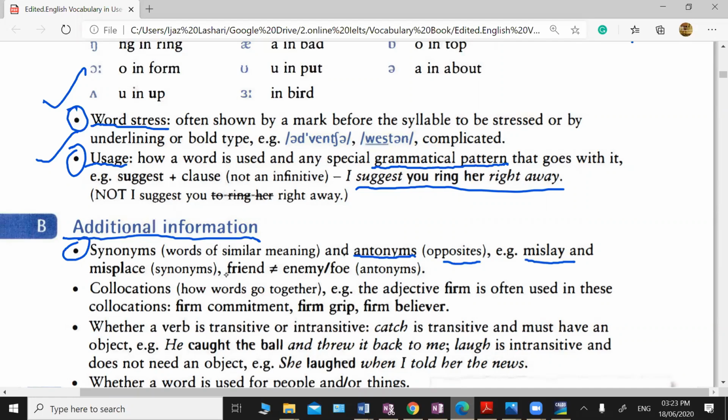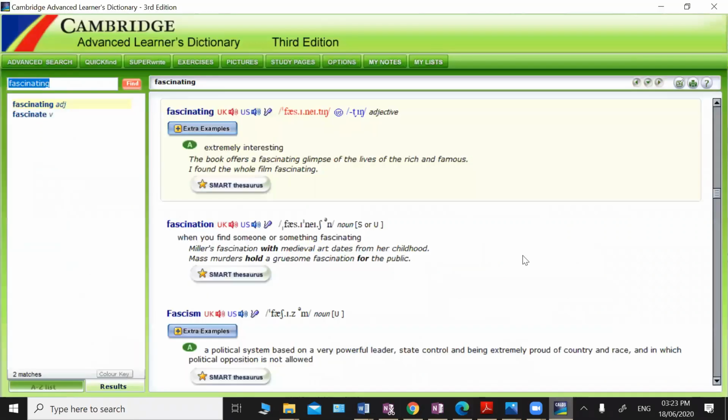But friend and enemy or foe are opposites. Again, let's look at the dictionary here. As we studied before, the word is fascinating, UK pronunciation, American pronunciation, symbols, then the grammar part, adjective.